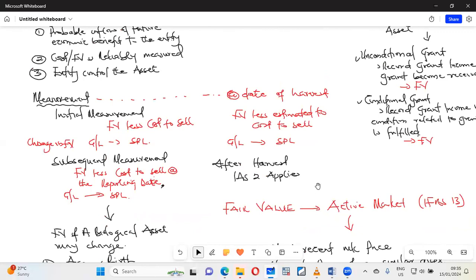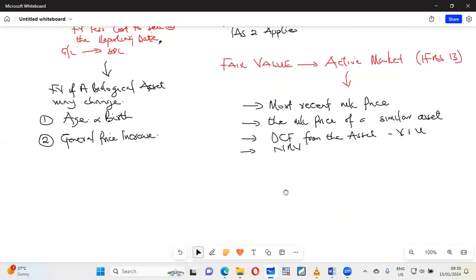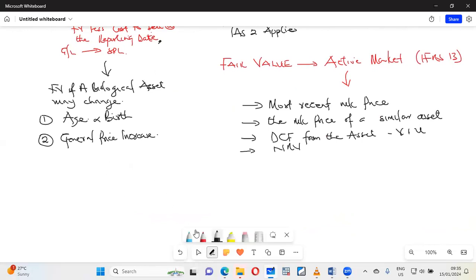All right, so now how do you present these things in our financial statement? The presentation of this in our financial statement. Of course, the biological assets are presented separately in the SOFP, but it is part of the NCA, all right? So take note of that.